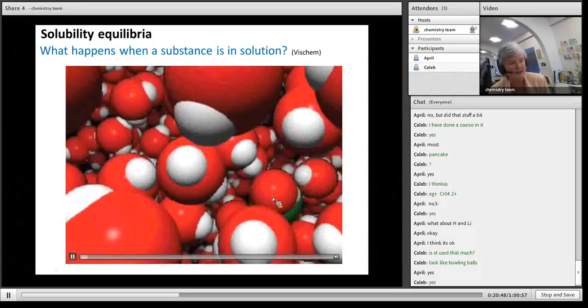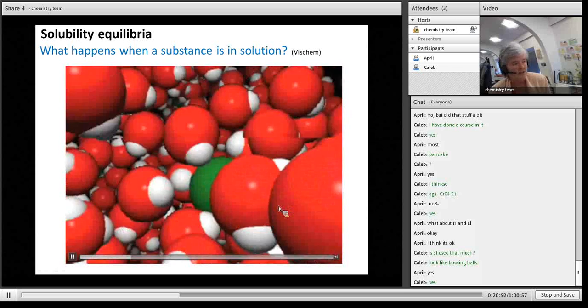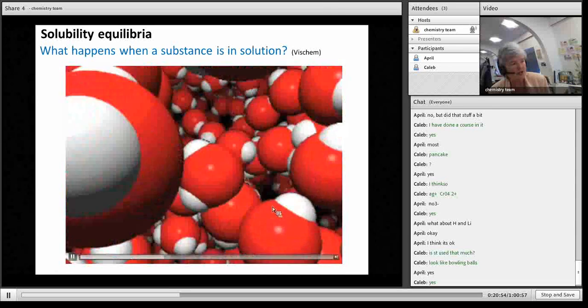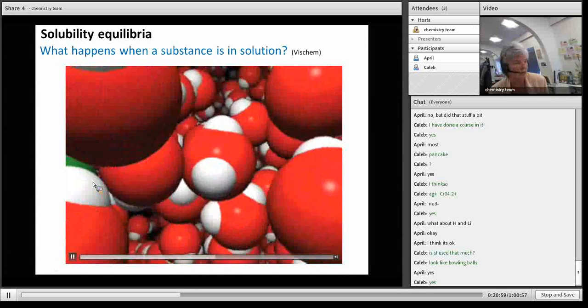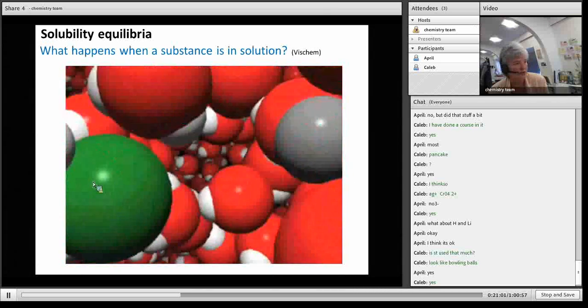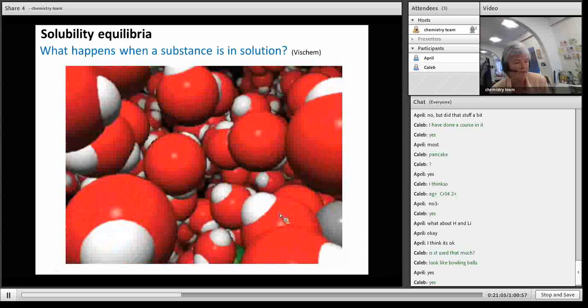So if I play this, you can see everything's moving around. And because everything's moving around, eventually a chloride is going to meet with a sodium ion. You'll see the grey of the sodium ion there. And did you notice an ionic bond formed there? If I go back a bit.